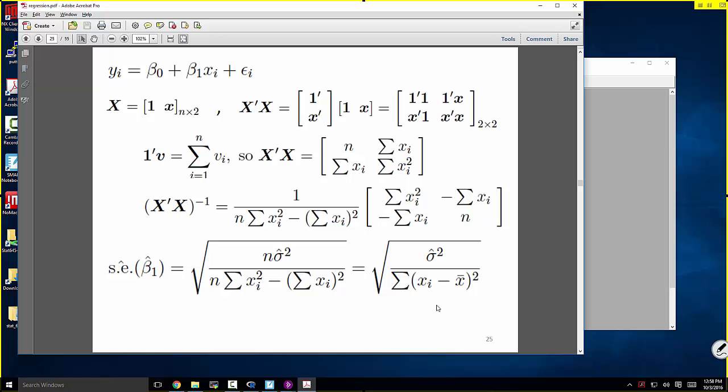Obviously, if you had n observations at the same exact x value, you could not estimate a line. So to the extent that you can spread the x's out and cover more of the population, you get a more stable estimate of these regression parameters. We care about that because our inferences are typically in terms of regression parameters.